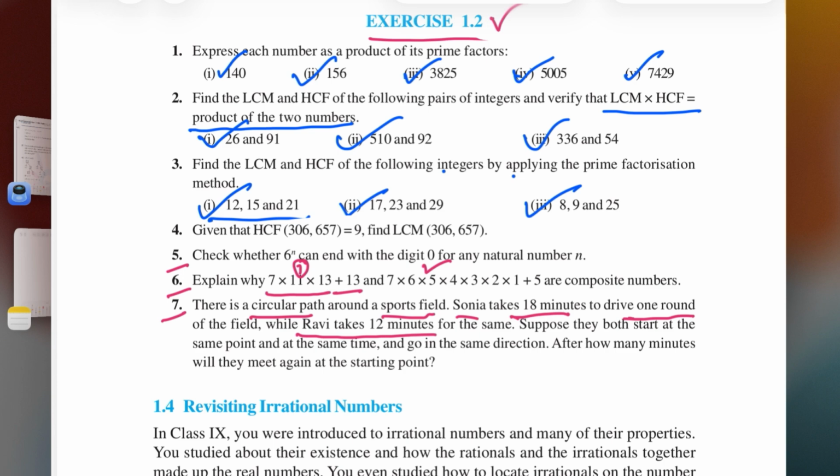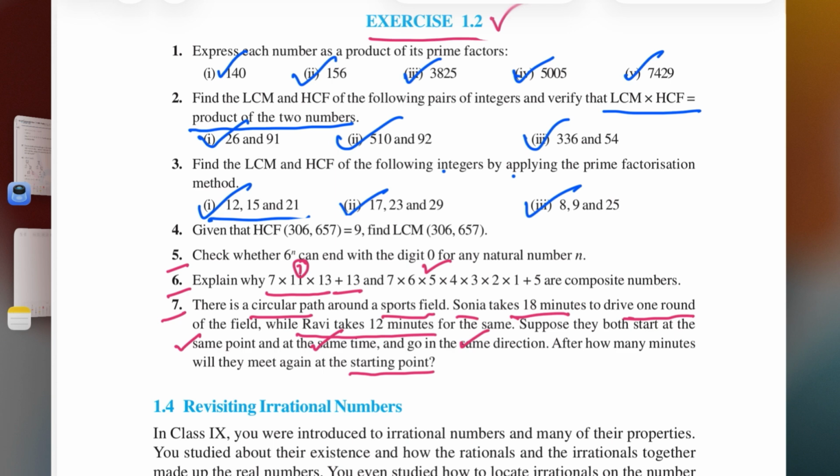Suppose they both start at the same point, at the same time, and go in the same direction. They move alike.